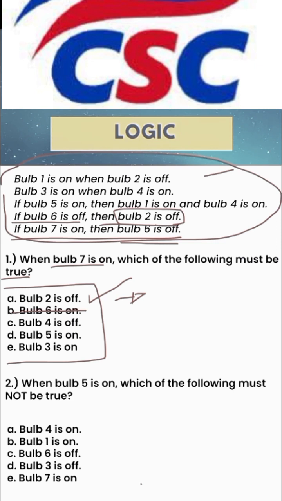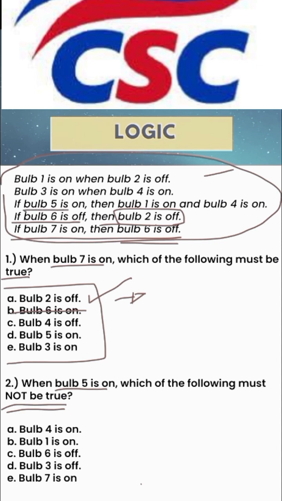Okay, number 2 naman. When bulb 5 is on, which of the following must not be true? Dito naman, tinatanong not be true. Okay, so when bulb 5 is on, tignan po natin agad yung bulb 5.